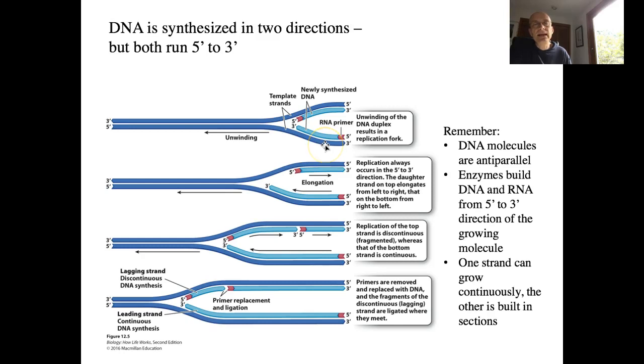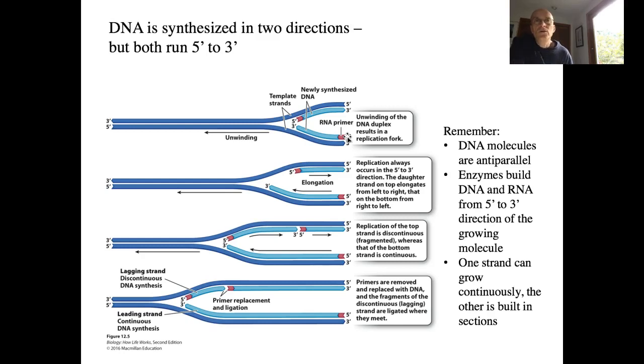If the DNA polymerase can only extend the DNA from the 5' to the 3' direction of the growing strand, then the top strand can only grow from here to here, right? It can only grow in this direction. But on the bottom strand, it can't grow in this direction, because that would mean adding nucleotides from the growing strand's 3' to the 5' end. And the DNA polymerase cannot do that.